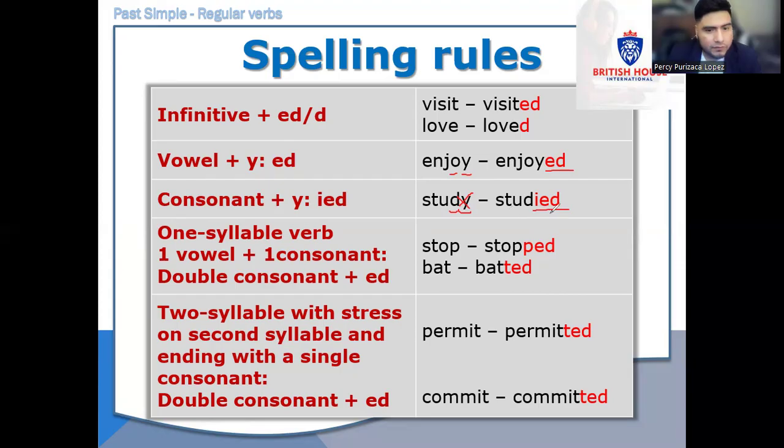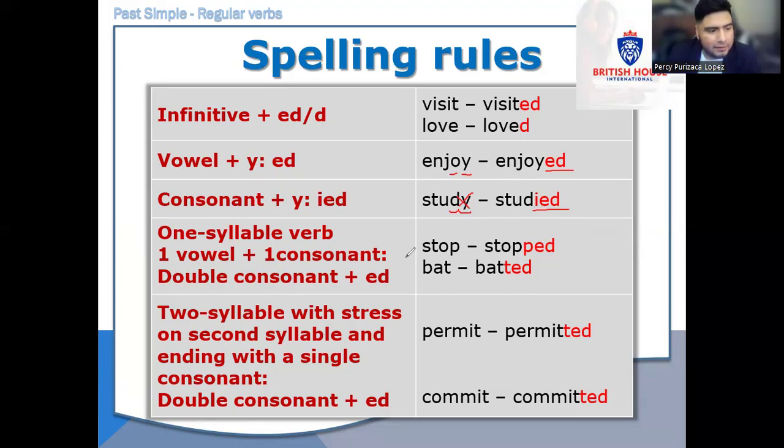Studied. Okay, so as you can see, it's very important to analyze each verb before taking a decision, before adding only ed. It's necessary to analyze if we have other rules. In consequence, we can modify the verb as you can see here. This rule is very important. It's not as difficult to understand, but you need to pay attention in order to get it.